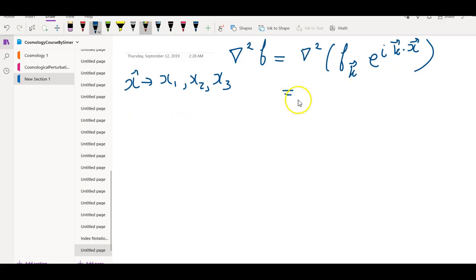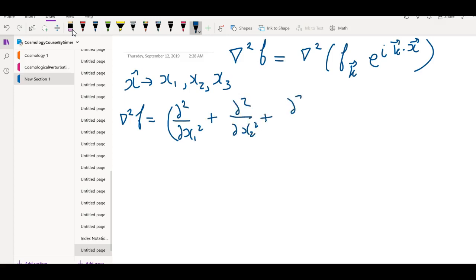Del square will be equal to, we can write this as del square f, which is equal to del square f by del x1 square plus del square f by del x2 square plus del square f by del x3 square.